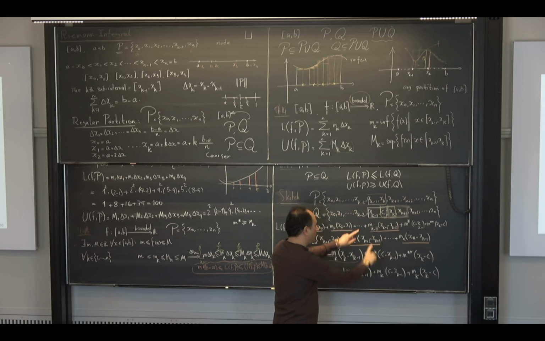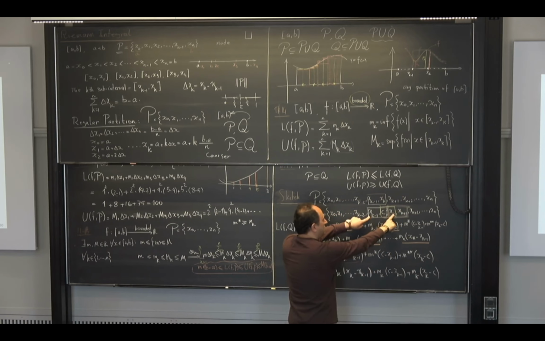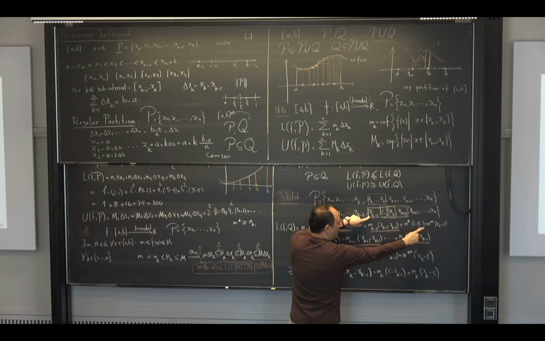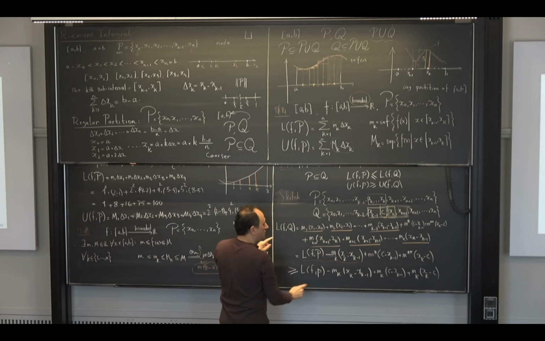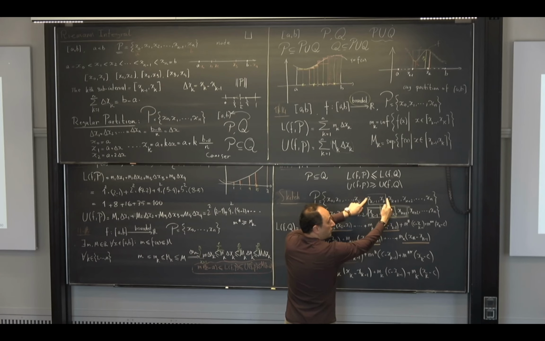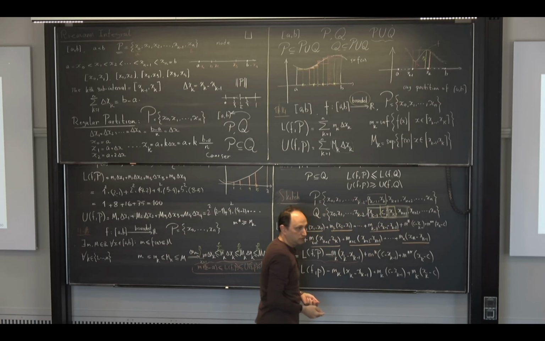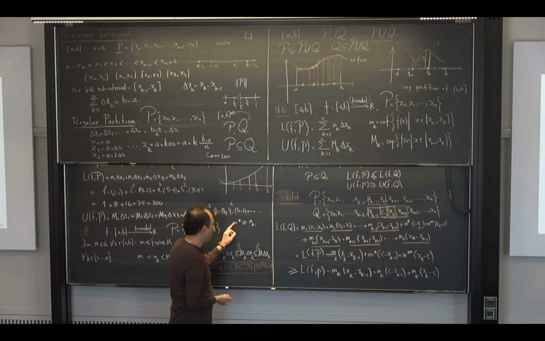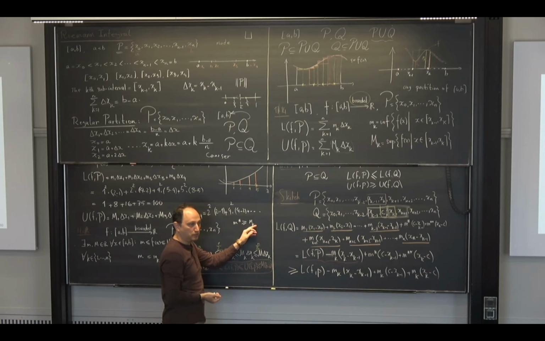From xk minus 1 to xk, which was one sub-interval, now I have two sub-intervals. So m star is the minimum on this one, and m double star is the minimum or infimum of this one. But what is m sub k? M sub k is the infimum on the total interval. So do you agree that now m star should be greater than or equal to mk? Because m star is the infimum.